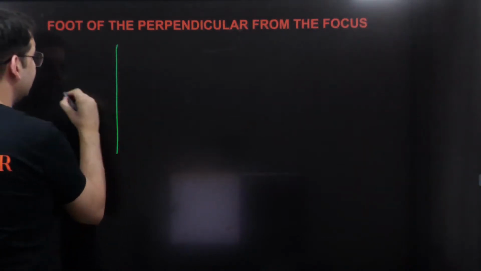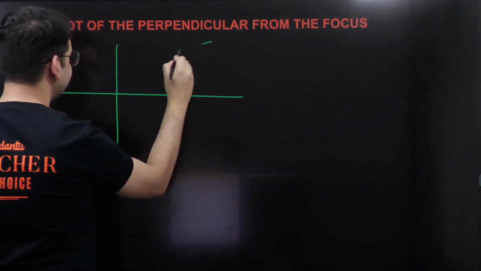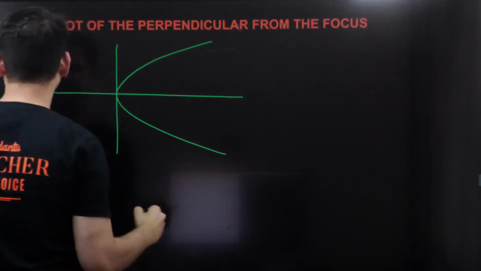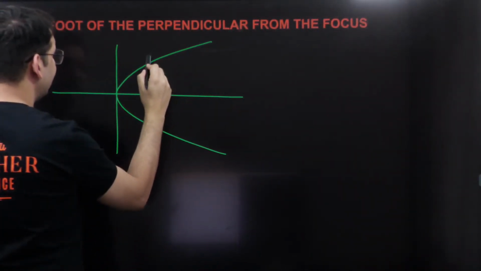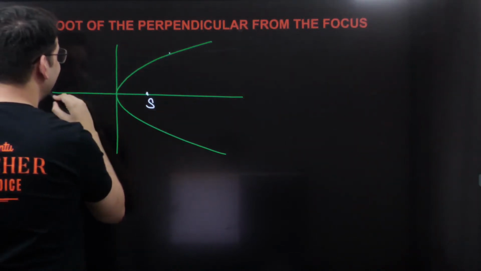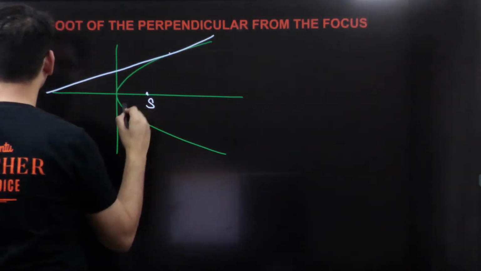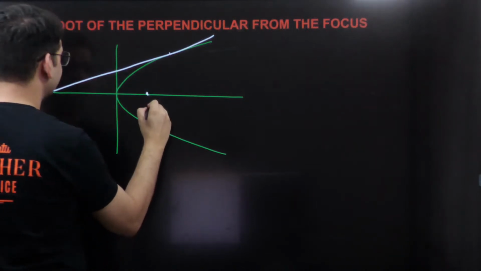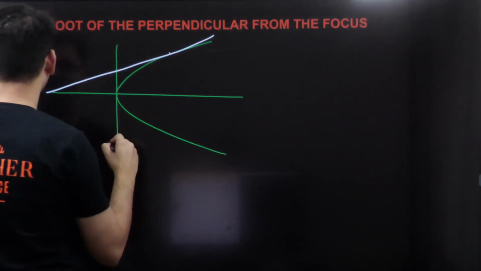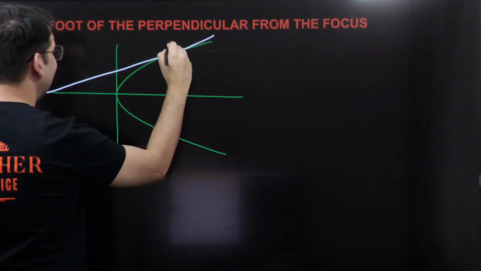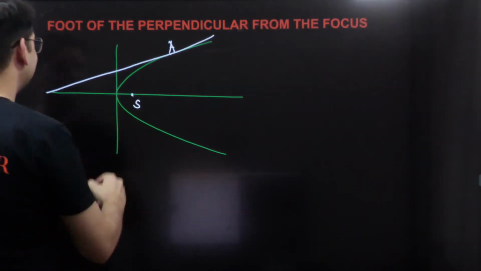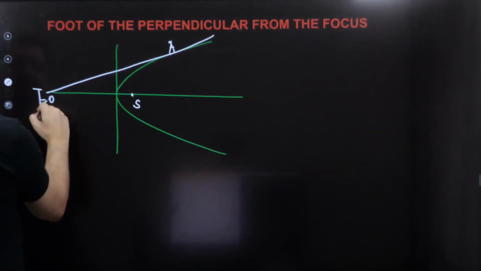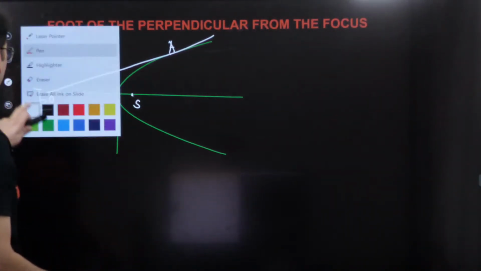Foot of the perpendicular from the focus. This is also very important. So again, if we talk about the parabola, there is a focus, let's say S. There is a tangent at point A. There is a focus S. Right? So this is the tangent, T = 0. Now the foot of the perpendicular.